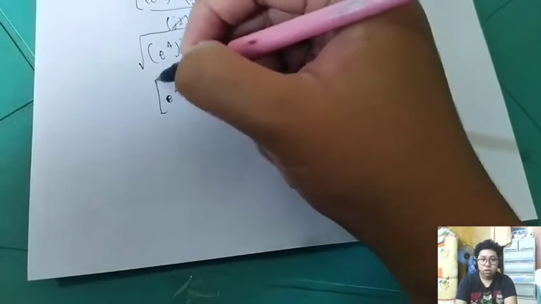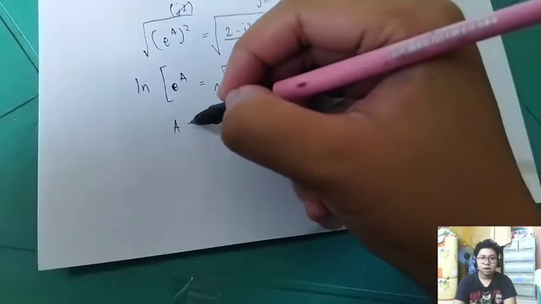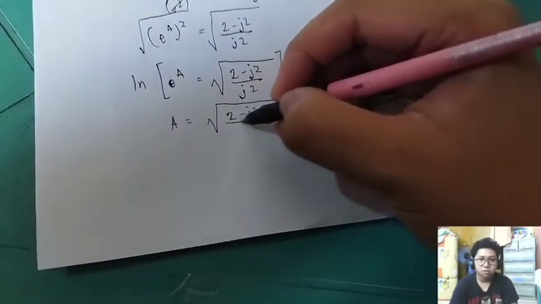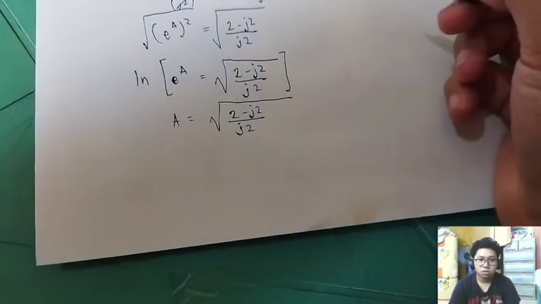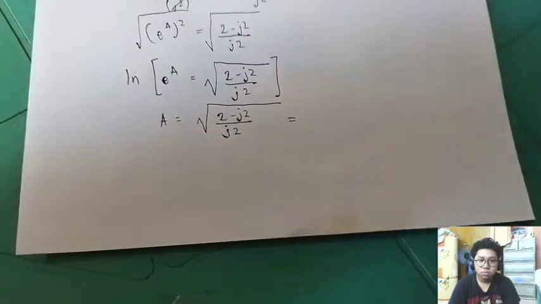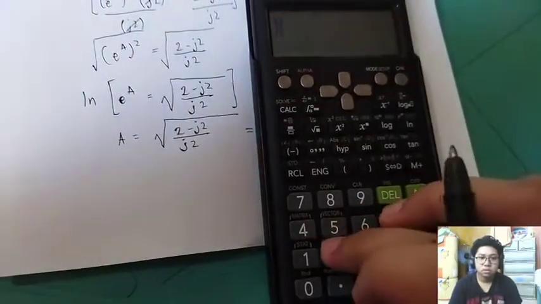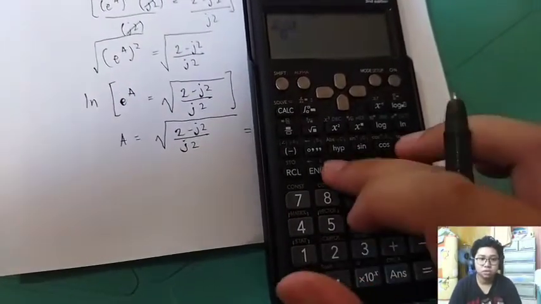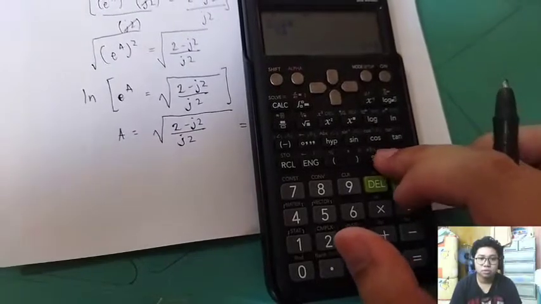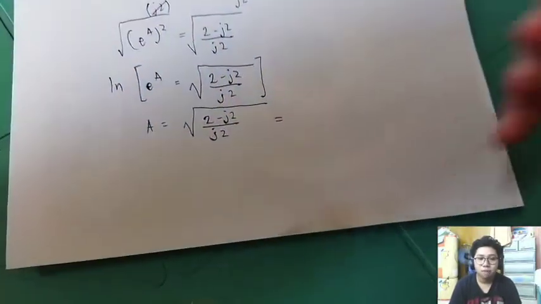Then we will get the ln of both sides, that is a equal to the ln of the square root of 2 minus j2 over j2. And we can divide the 2 minus j2 by j2, and that is equal to negative 1 minus j.